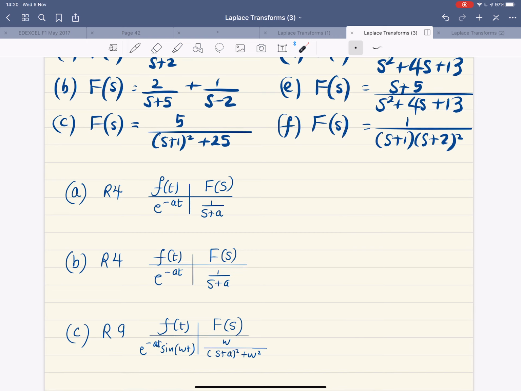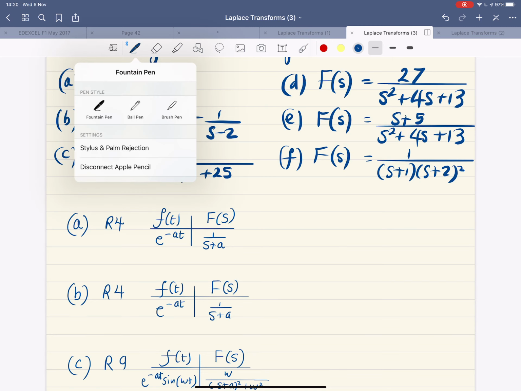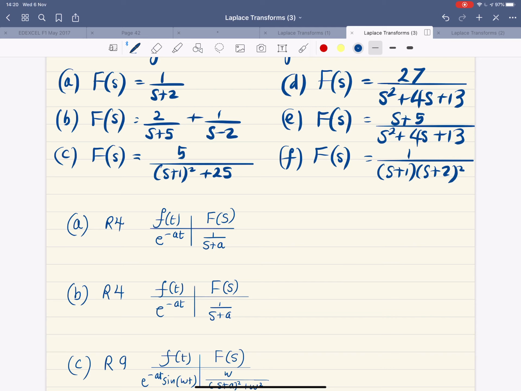Right, so 3A, we've been given the f of s. F of s is 1 over s plus 2. If we look on row 4 of the table, which is what I've highlighted here, in fact I'm going to do this in red because it stands out a bit better.